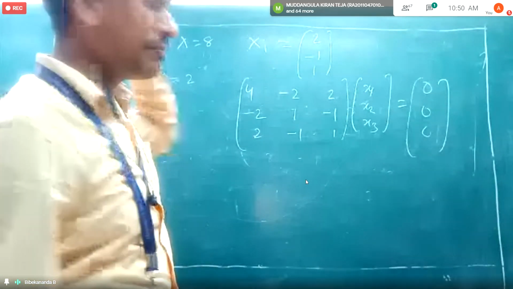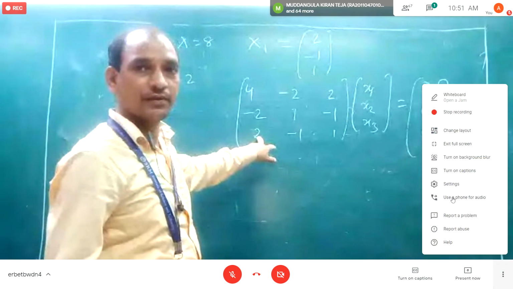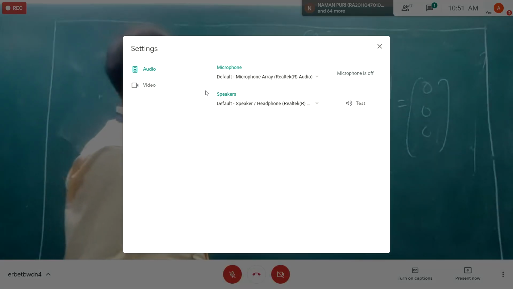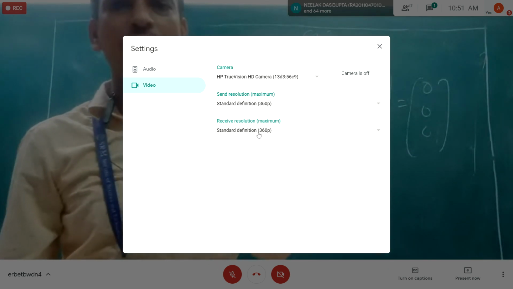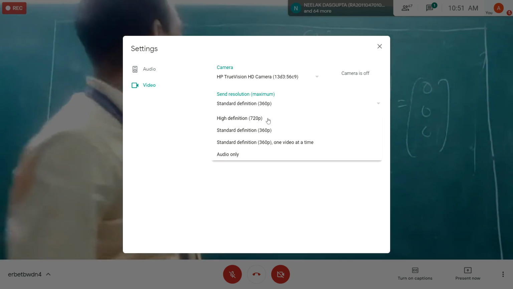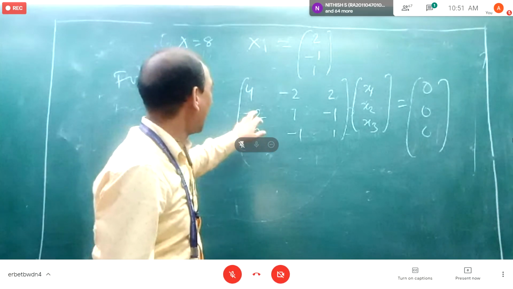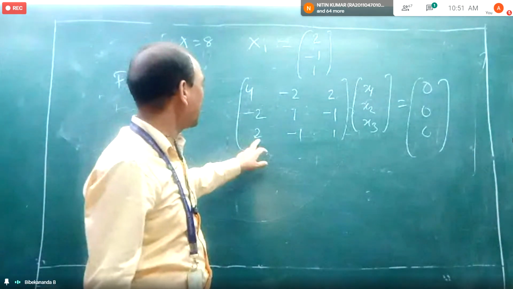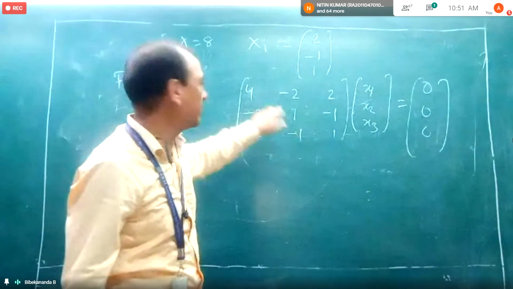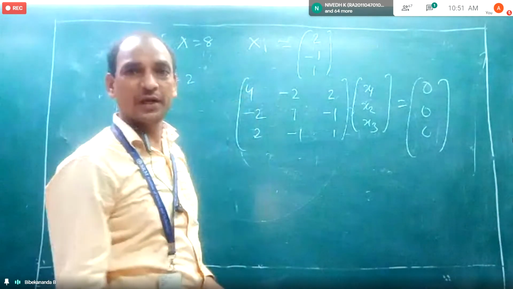If we multiply the first row with 2, then we can get the other rows. So only one linearly independent row is there. Because if I consider this one and multiply by minus, I will get the second row, and with 2 the third row, we will get the first row. So only one linearly independent row.